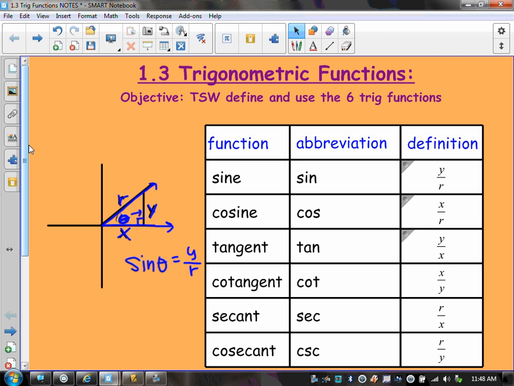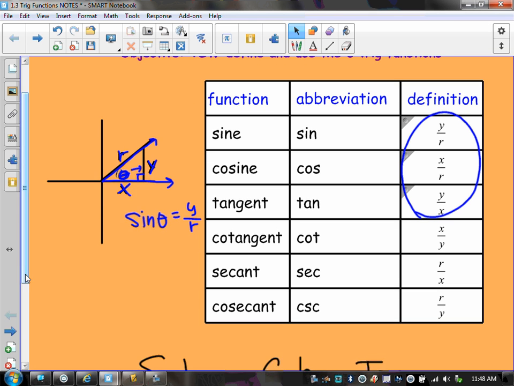If you can get me these three ratios, you should be able to get me the other three. Do you see any similarities between the two groups? Anybody notice that tangent and cotangent are flip-flopped?